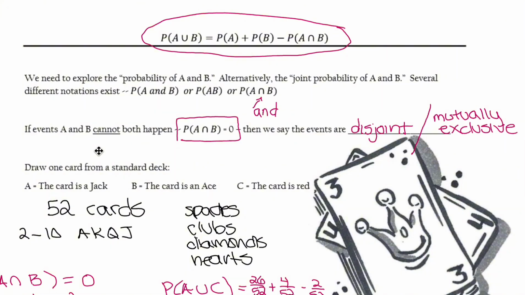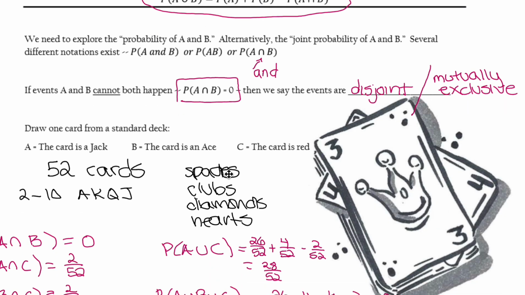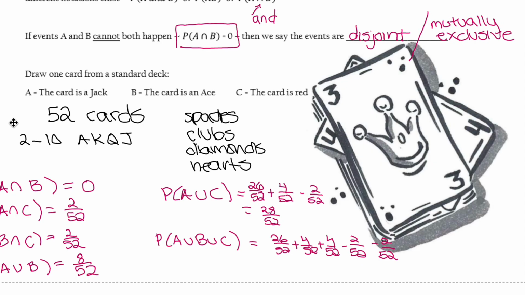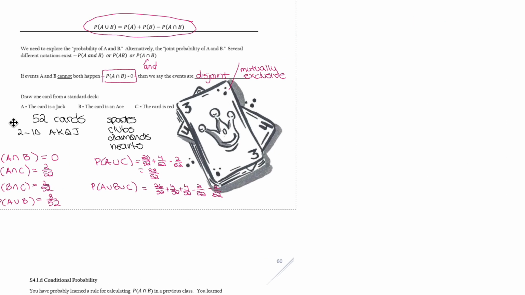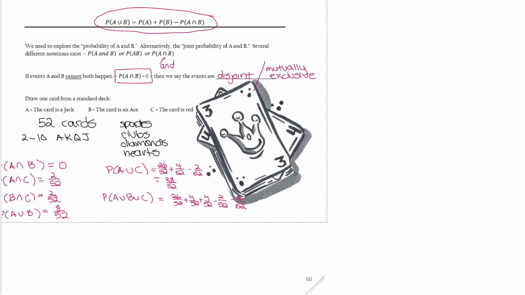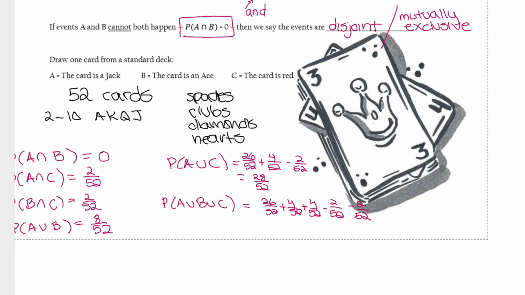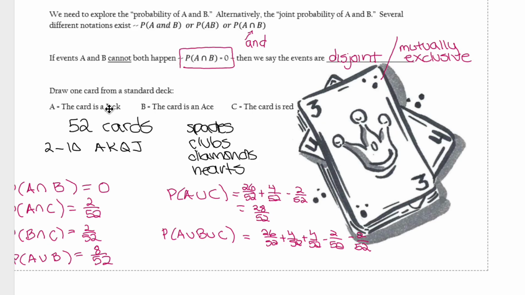So draw one card from a standard deck. A stands for the card is a jack, B means the card is an ace, and C means the card is red. If you're not familiar with a deck of cards, don't worry, I'll explain everything from zero. A standard deck has 52 cards.